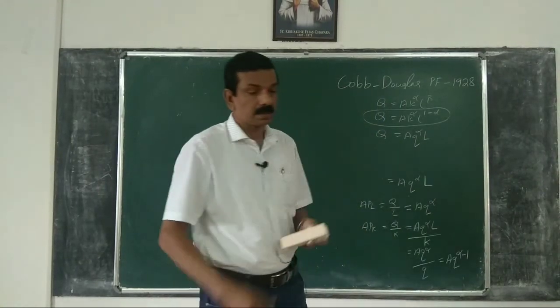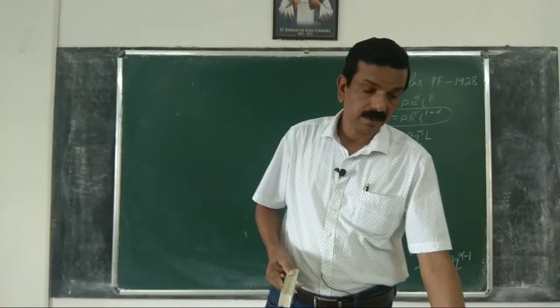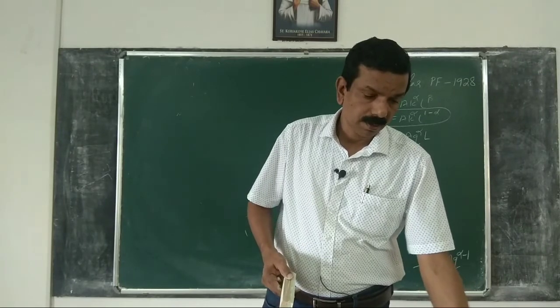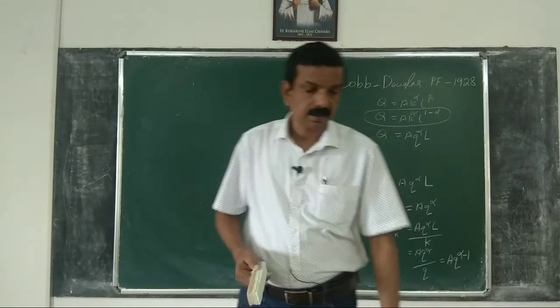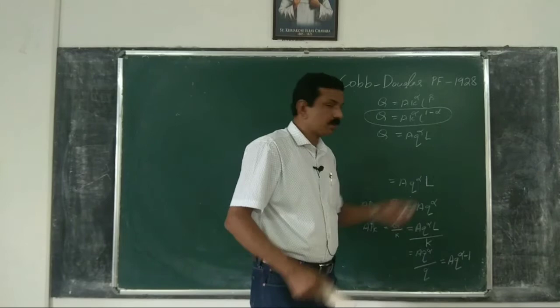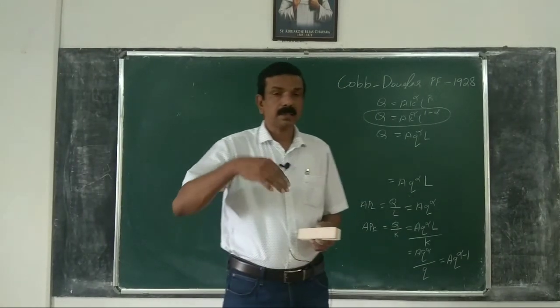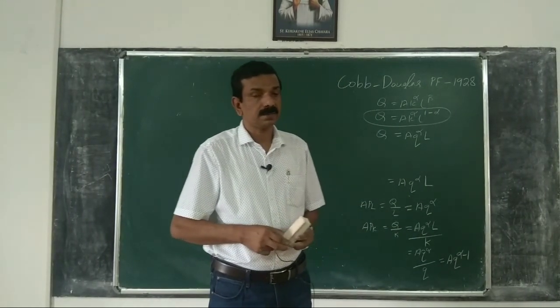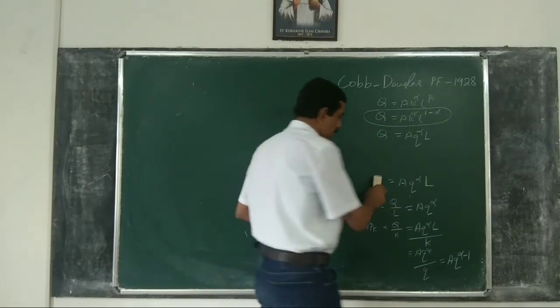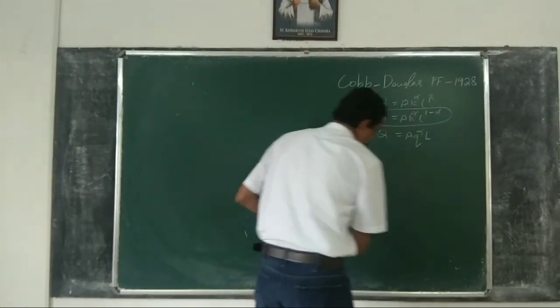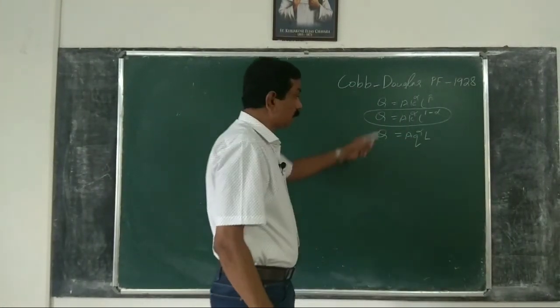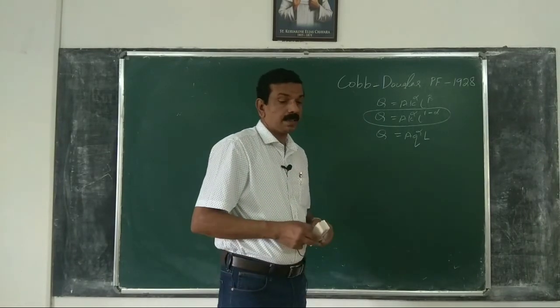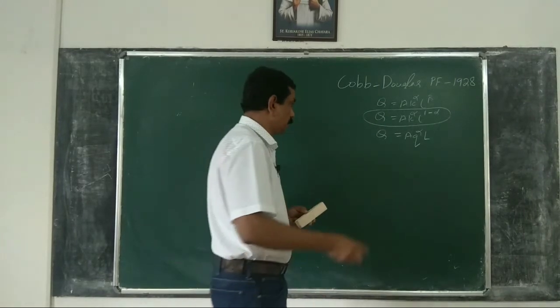Both average products are functions of K by L alone. And as we have suggested earlier, we can also show that both the marginal products are also functions of K by L alone. Let us see. Both marginal products MPL and MPK are functions of K by L alone.